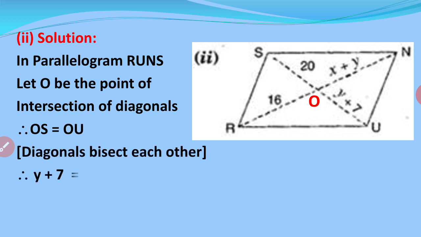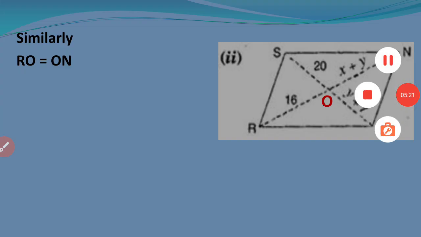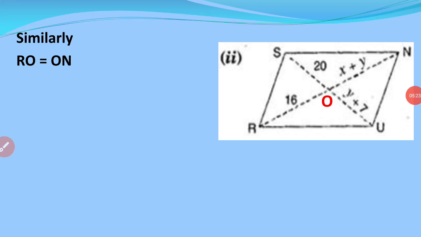So let us put the values over there. So y plus 7 is equal to 20, which can be solved further to get the value of y, which is 13. Let's proceed ahead. Here we can say that RO is equal to ON because RN is also bisected.